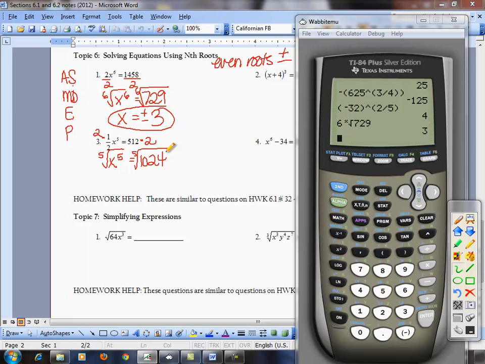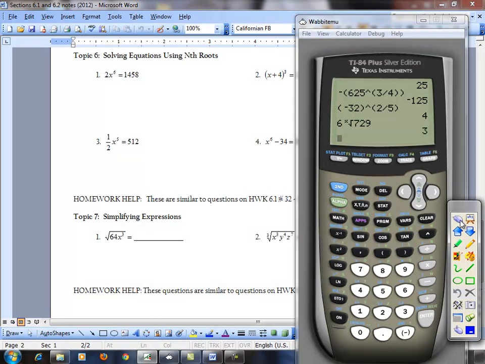And again, you can plug this in your calculator, but the 5th root is 4. Now, the reason I don't have 2 answers is because odd roots won't have negatives in there, because if I multiply them 5 times together, it'd still be negative.